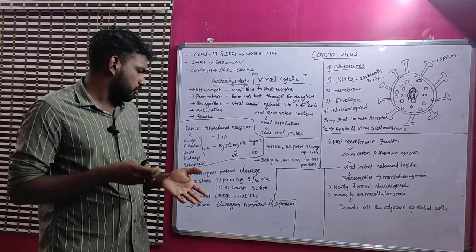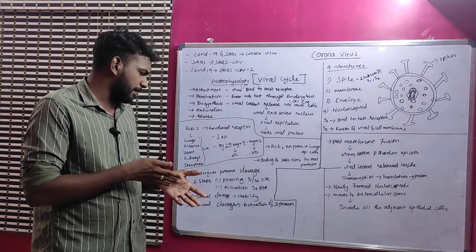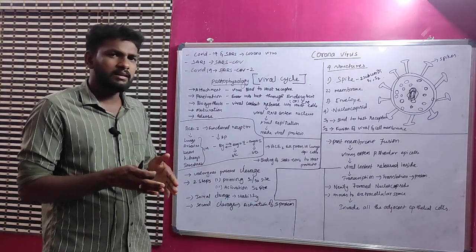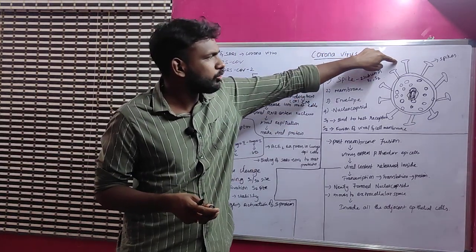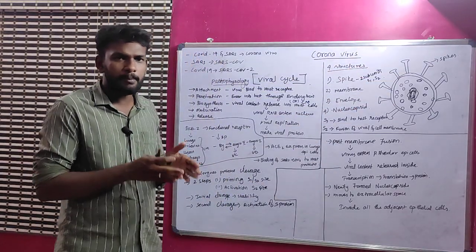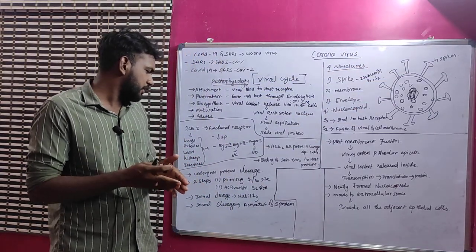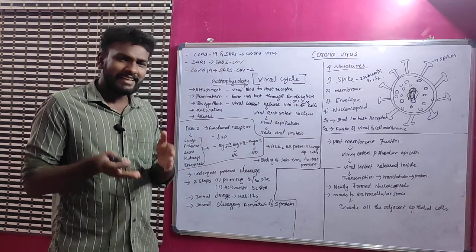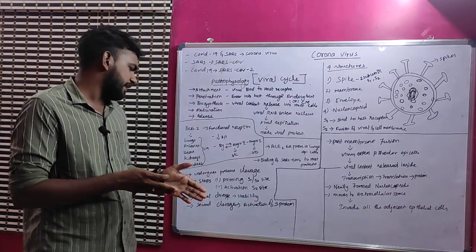This happens through two processes: one is priming and the other is activation. Priming happens between S1 and S2, subunit 1 and subunit 2. The next one is activation, which takes place on the S2 side.